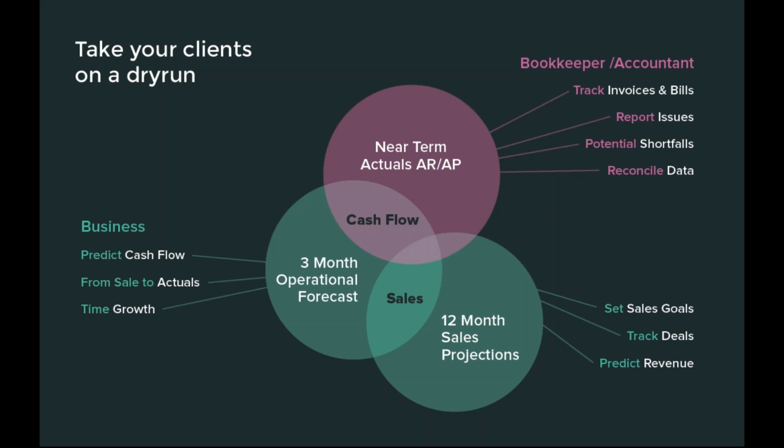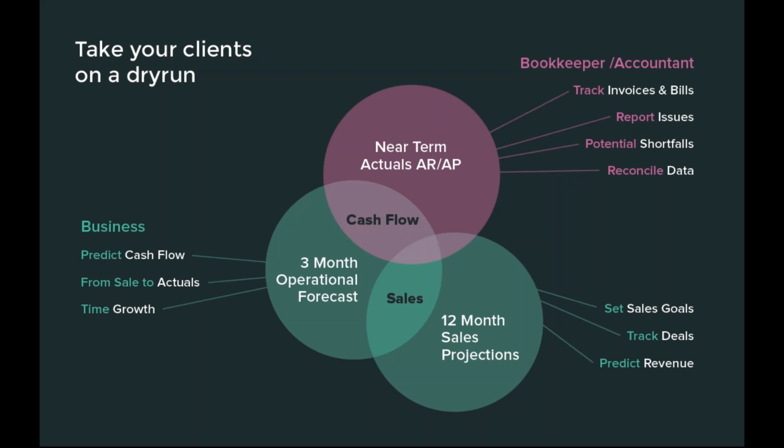They rely on you and your data set to then take their intuition and walk the walk, as we spoke of before. Thirdly, your business clients have two jobs. They have two scenarios that they should be working in, whereas you only have one. They should be setting sales goals with the data, tracking deals, and predicting revenue.